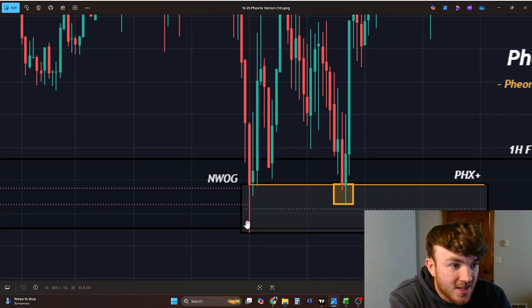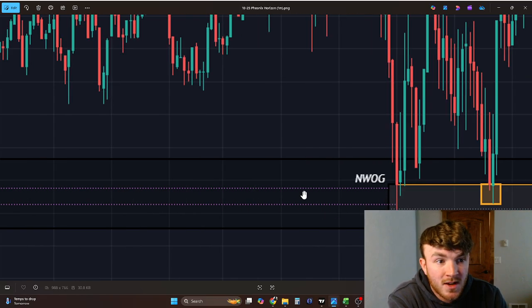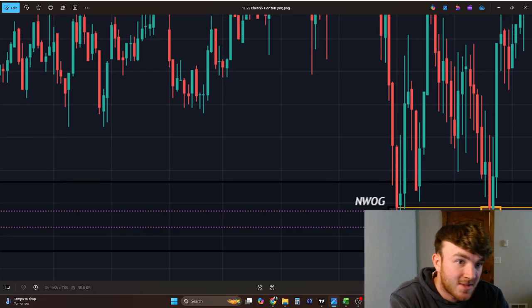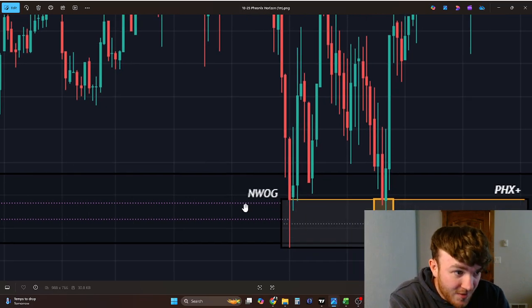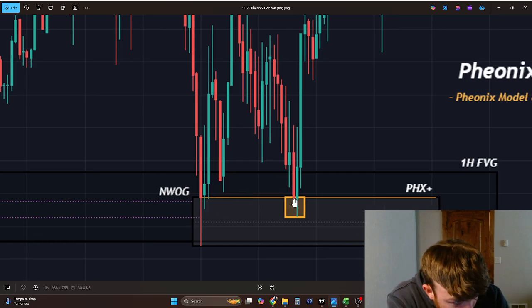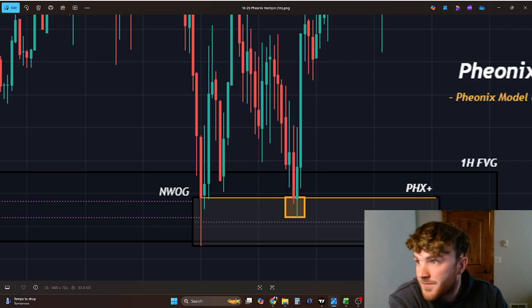Once again, look at the signature with this rejection block. We get a strong, good signature. This rejection block takes this. There's a consolidation over here that it takes. We had SMT with the S&P 500 with a low over here. We were delivering from this new week opening gap. We come back in, we tap that 1 minute rejection block perfectly, so your entry could go right at that rejection block. Stop loss at the low.